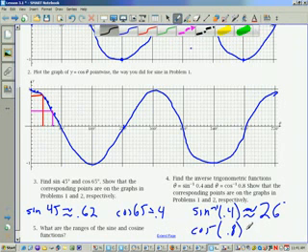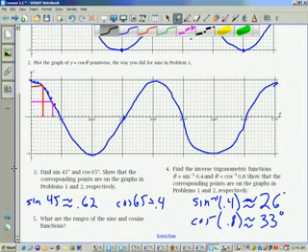So we'll say that's about 33 degrees. Now if I check those on my calculator, the inverse sine of 0.4 is about 23.5. That's close. Inverse cosine of 0.8, that's 36.8. So they're close. They're not the most accurate, but they work.